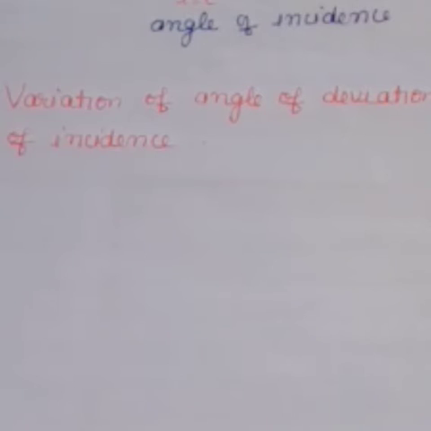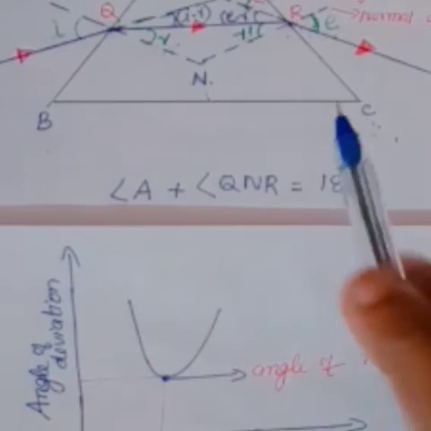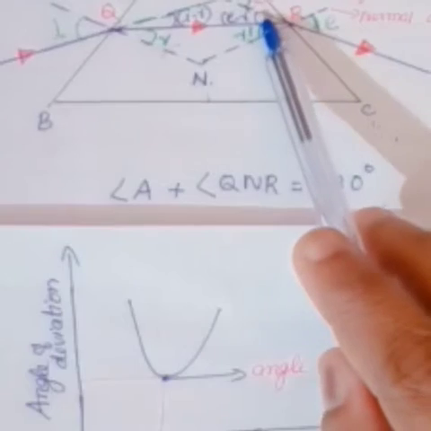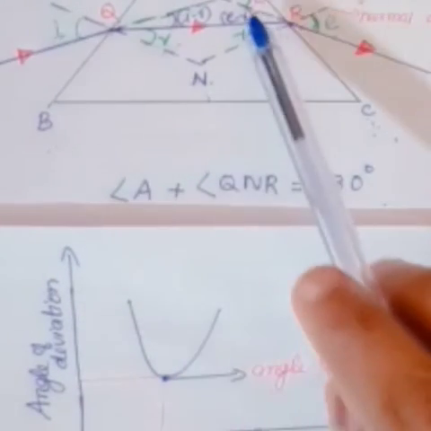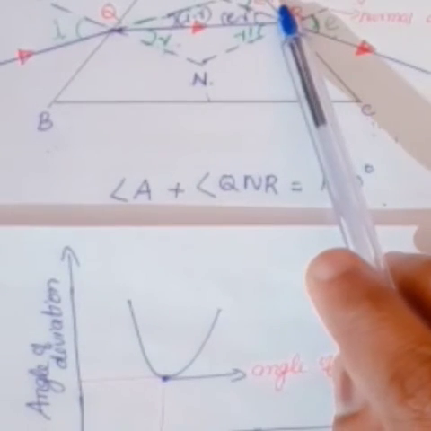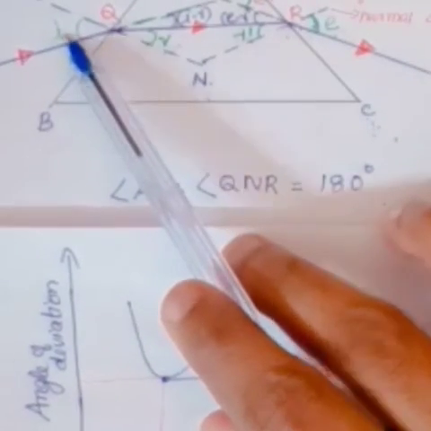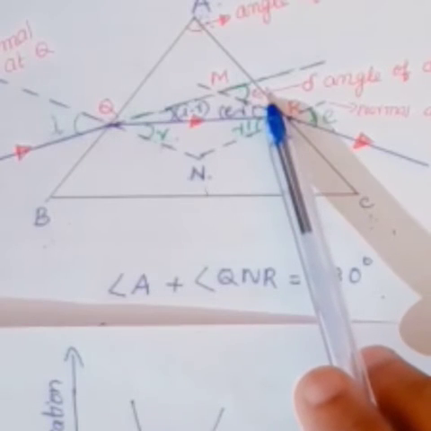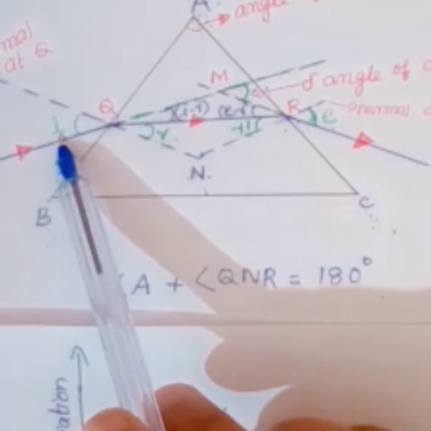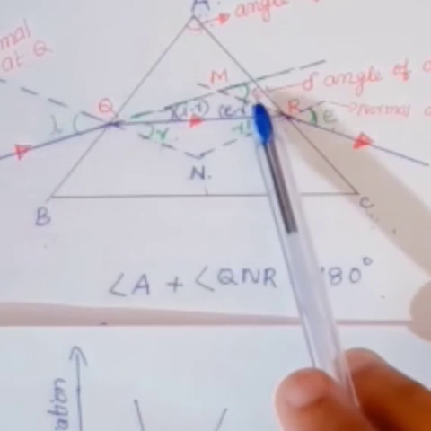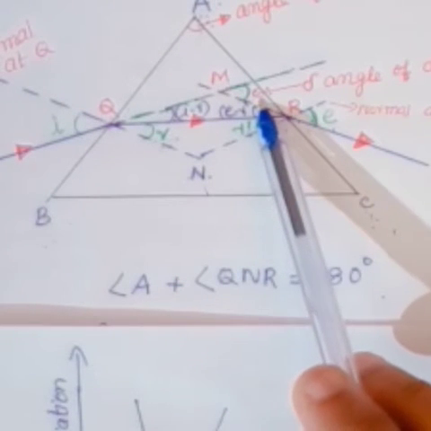Next we have to study the variation of angle of deviation with angle of incidence. For a given prism and for a given color of light, the angle of deviation delta depends on I only. As I increases, the angle of deviation delta first decreases.